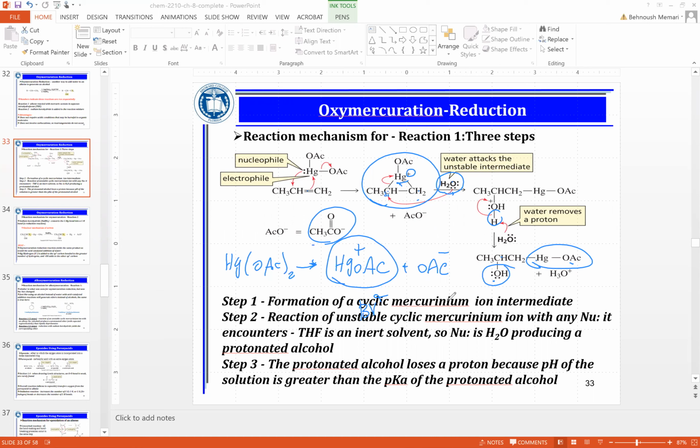In the next step, when you bring your sodium borohydride, it's going to replace this part with hydride ion. So the next step is going to replace that with the H, and the net result is going to be addition of H and OH.